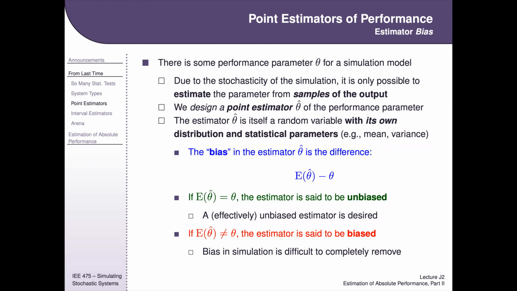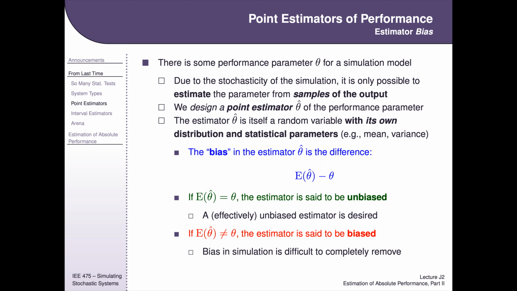All right, so I mentioned bias before. This is how we define bias. We're estimating some value theta that's in the real population, like the true average length of a queue. We then generate a bunch of samples from our simulation, so we have, say, 10 replications. This is what the average queue length was for each replication. That allows us to come up with a theta hat, which is our estimate of the true average queue length.